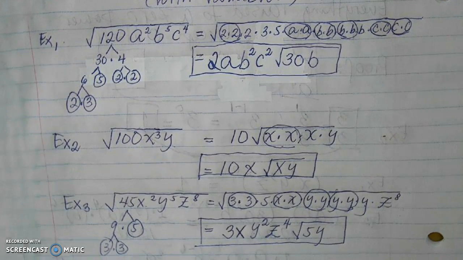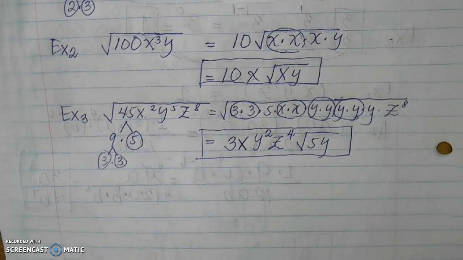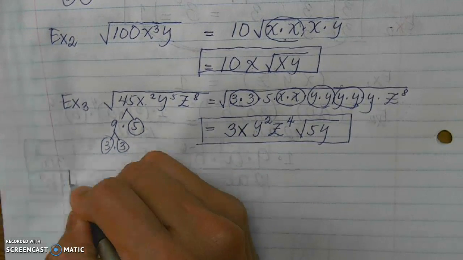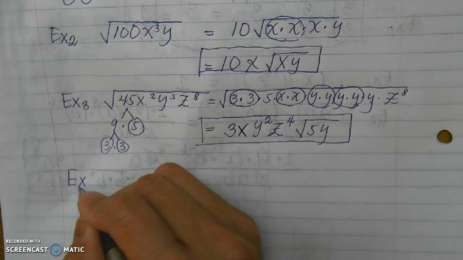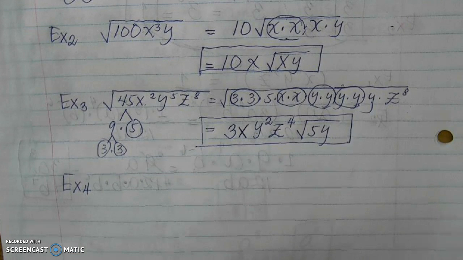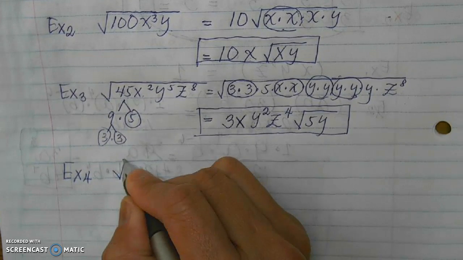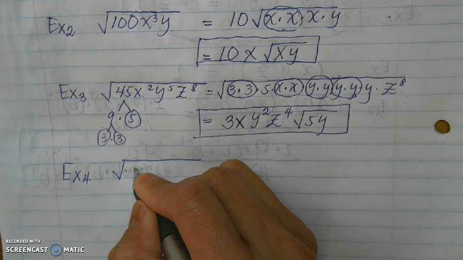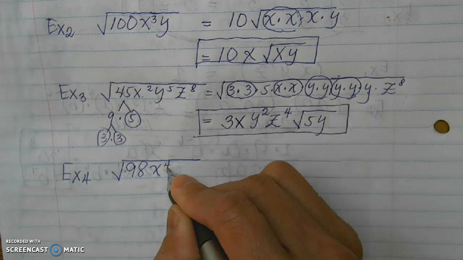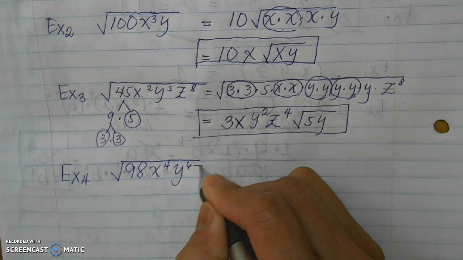For our last example, let us try the square root of 98 x to the 4th y to the 6th z squared.